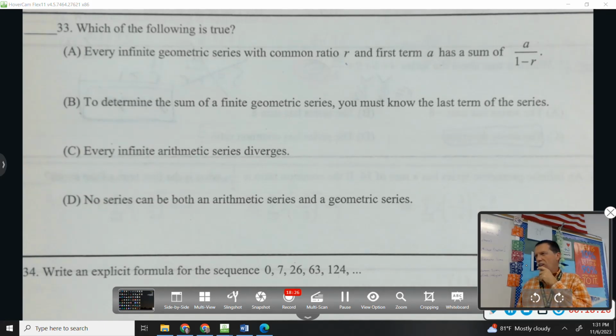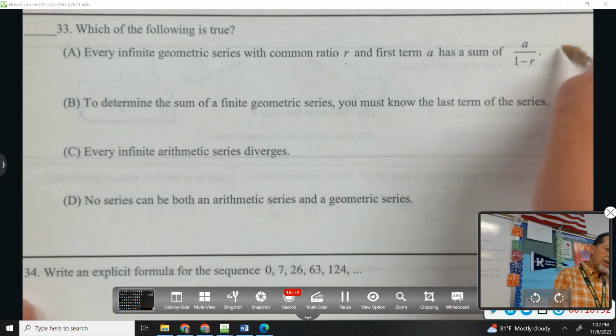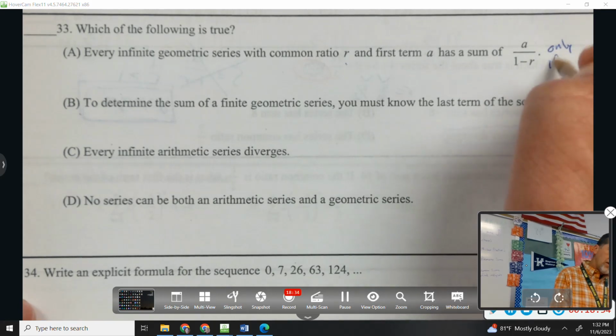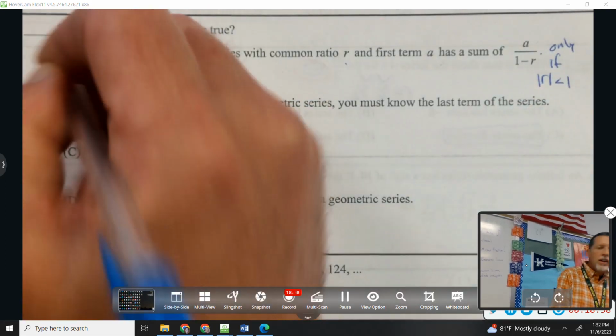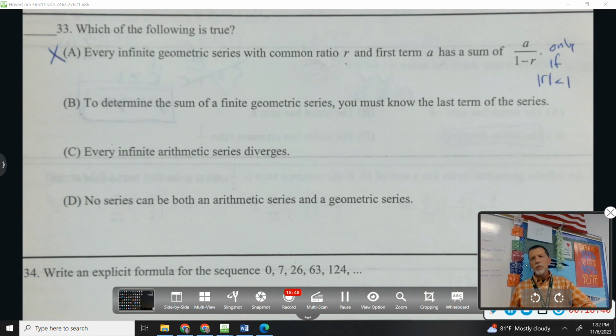Ashlyn, you're shaking your head no, and you are correct. Why is it not true? Because it was specified with the absolute value of r less than 1. Right. This formula works only if the absolute value of r is less than 1. So it's almost true, but no, it's not, because of the r.